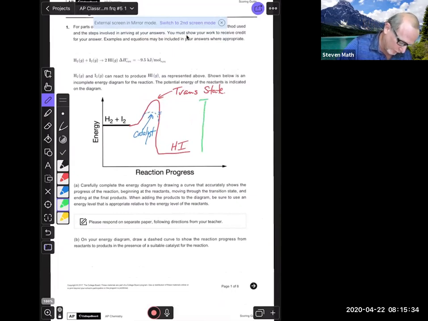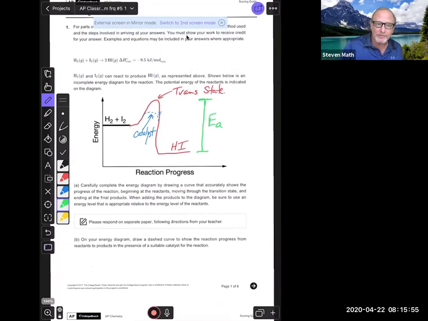Let's go down to there. That's the reverse E sub A. That's what that activation energy looks like. Once again, I don't think it's hard chemistry, and I think the questions are pretty clear as well. So that gives us a good energy level diagram, and that's half of this.